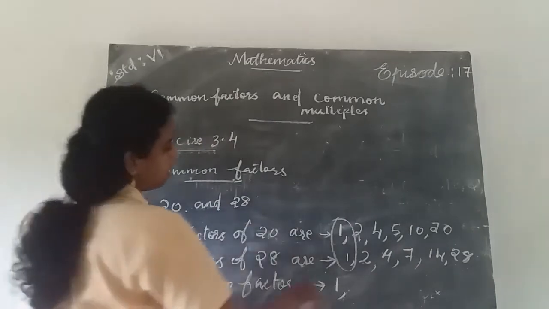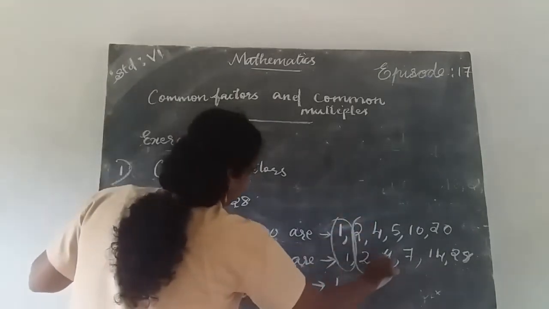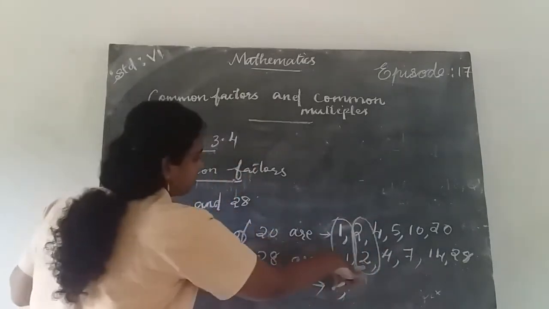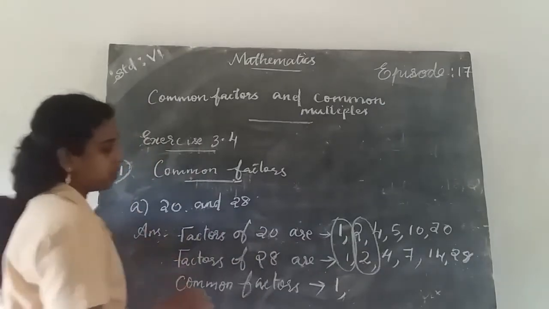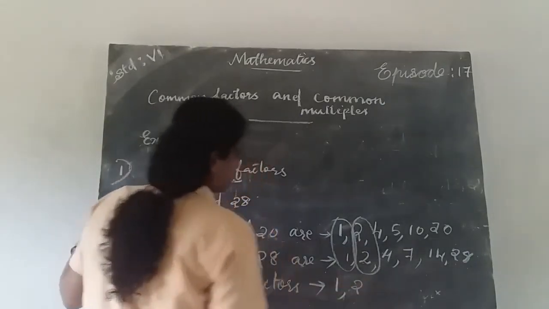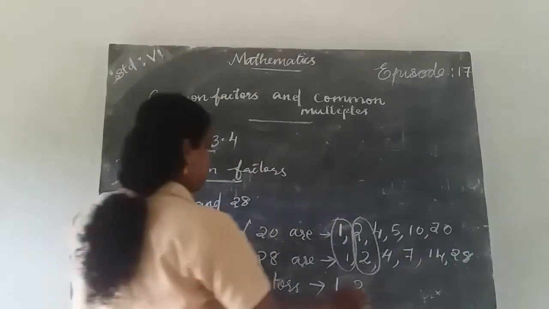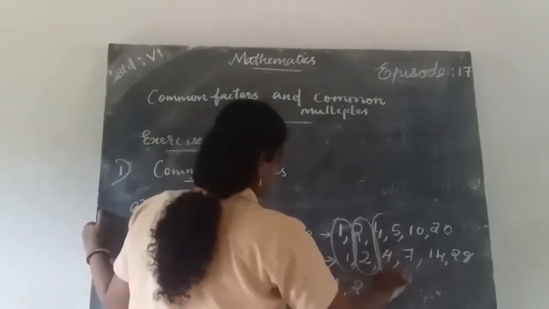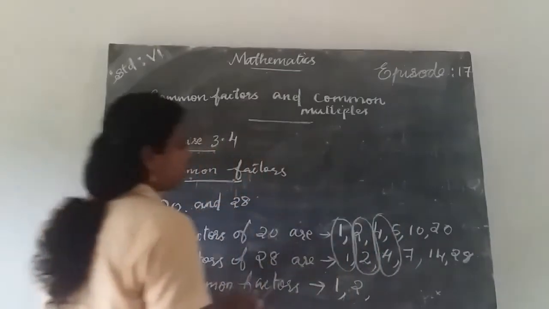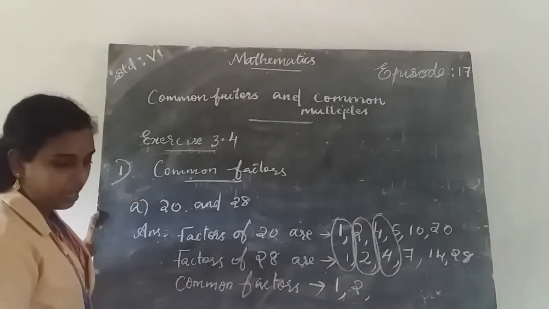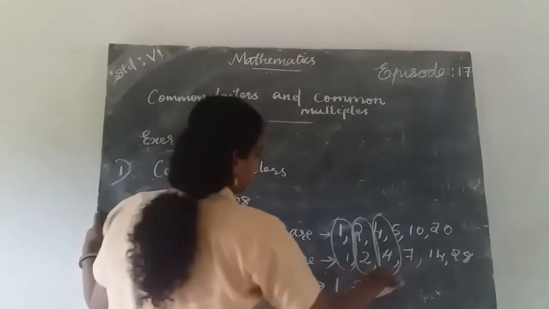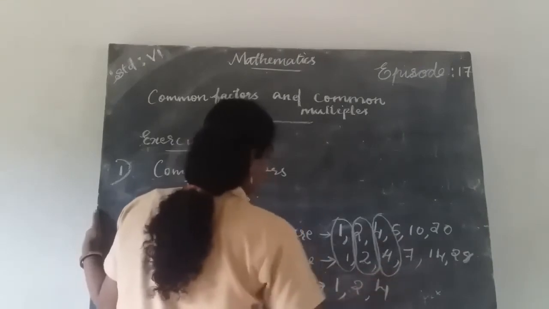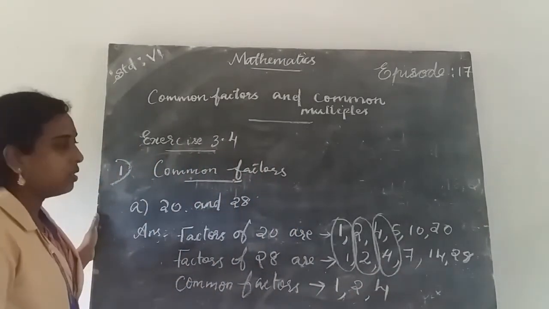Then next one is 2. 2 is common because 2 is a factor of 20 and also a factor of 28. And the next one is 4. 4 is a factor of 20 and 4 is also a factor of 28. So 4 is a common factor of 20 and 28.